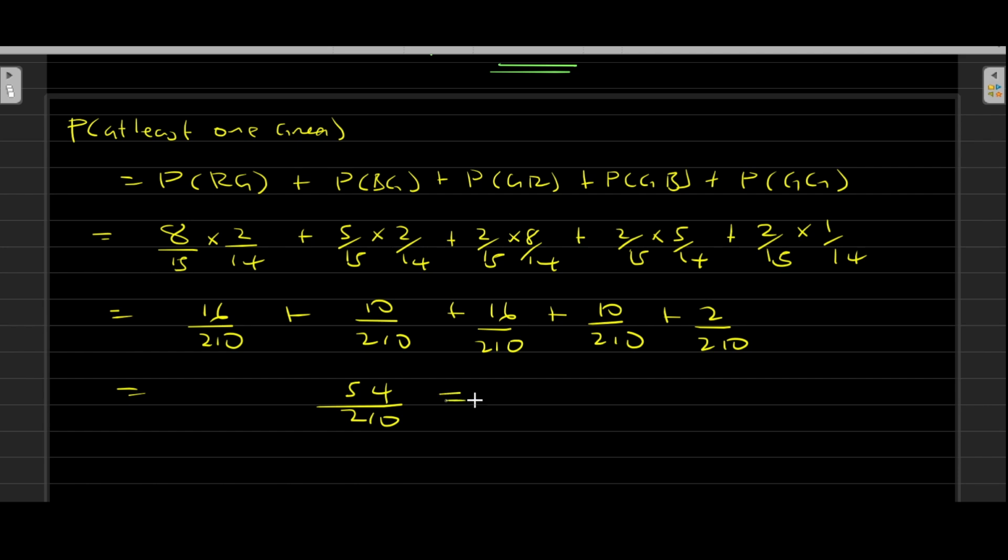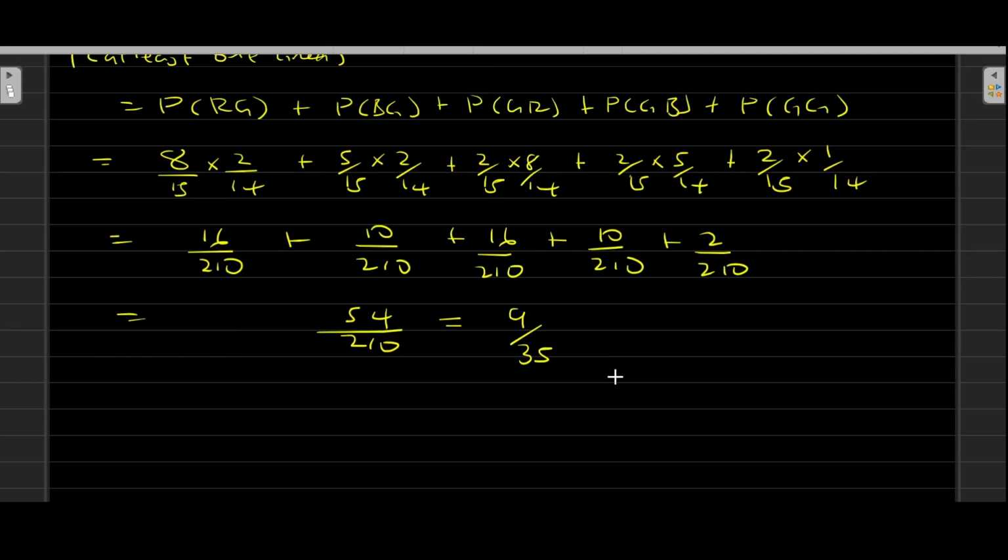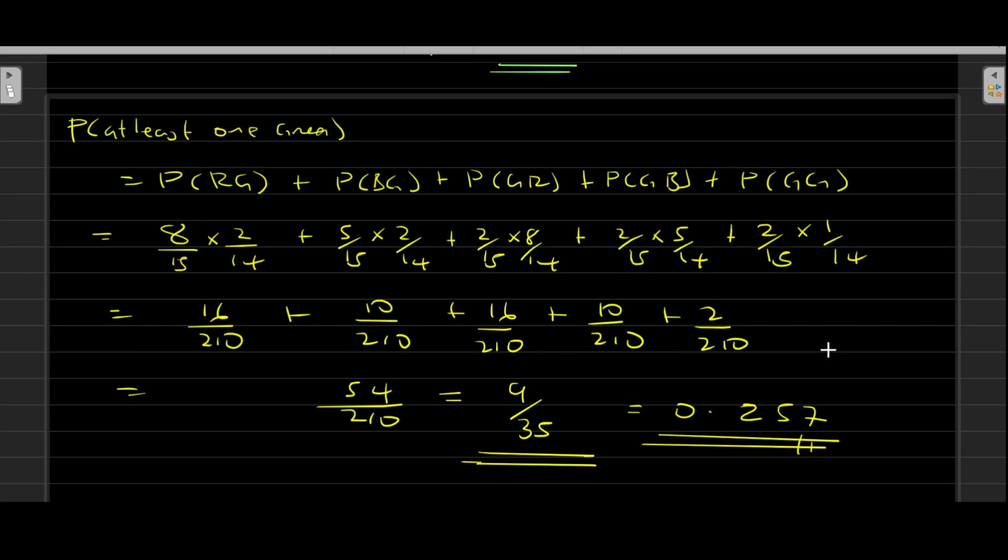This one I can simplify further to give me 9 out of 35. And that becomes the probability of getting at least a green pen. If you put it in decimals, 9 divided by 35 gives me 0.257. Therefore, that's the probability of getting at least a green pen when all the chances are available. I hope you have understood.